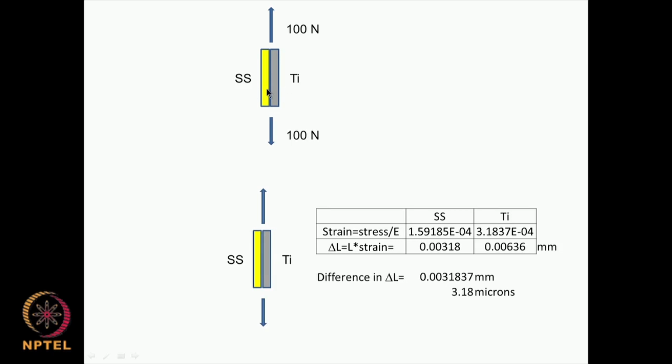This can happen in compression also; each material will have different compression or elongation. So, the whole biomaterial could fail. So, there has to be a match of the tensile properties, especially if they face axial strains or axial stresses or axial compressions.